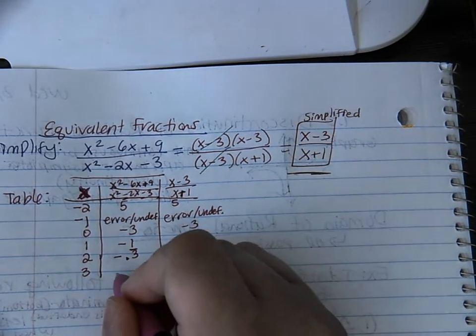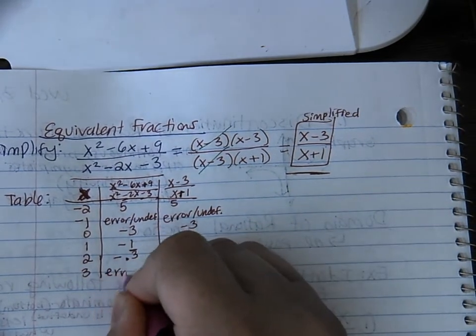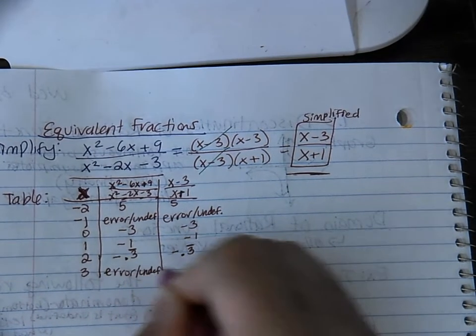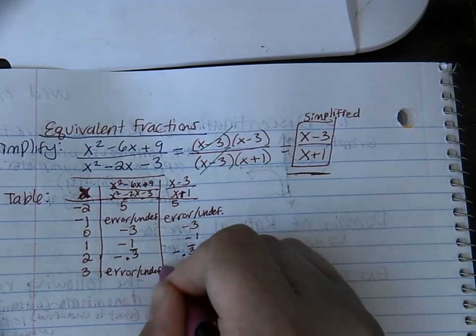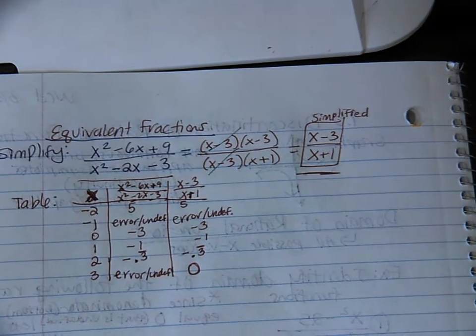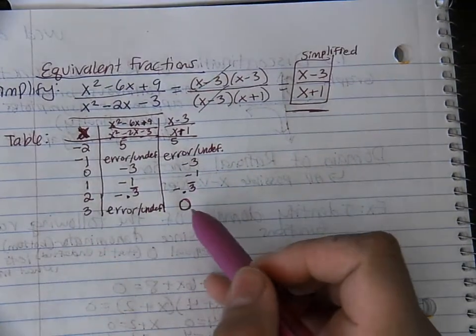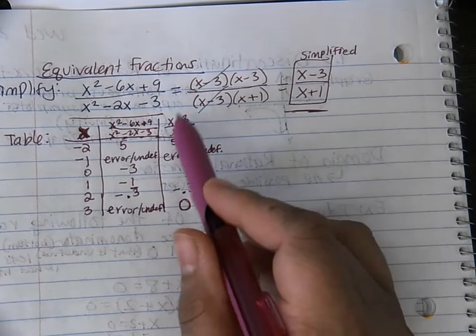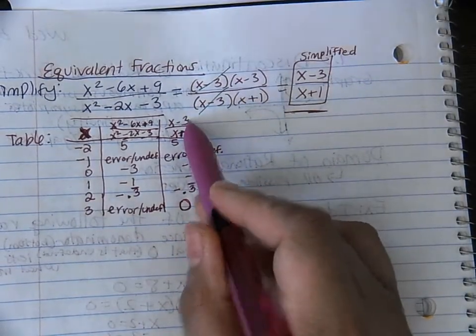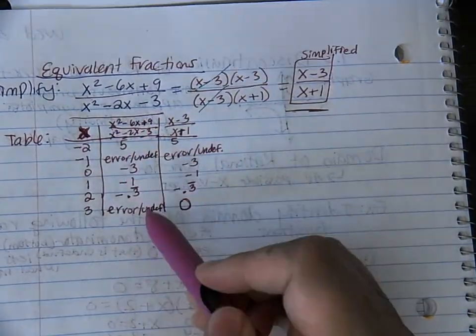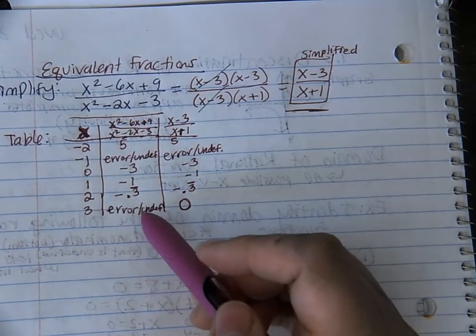And at 3, this is where it was different. It was an error message or undefined, but then it became 0 for this one on the right. So this is telling me that the point (3, 0) is a point on this graph, on the simplified version, but on the original one, it's just an error message. I can't do anything there.